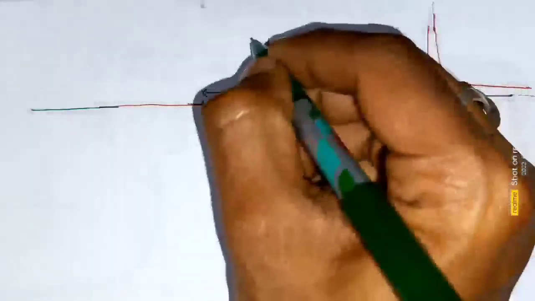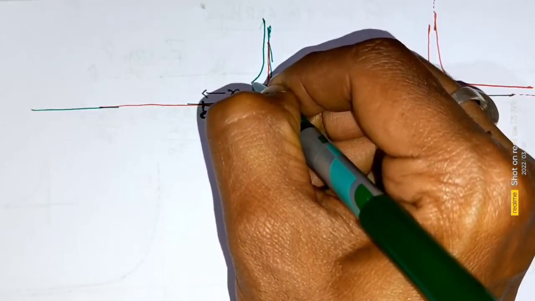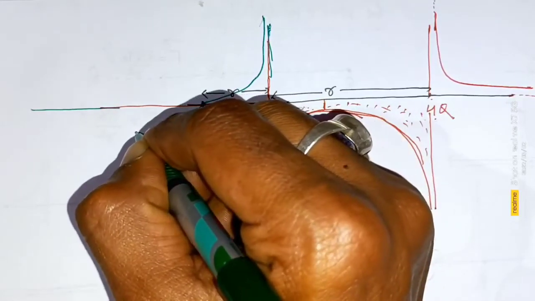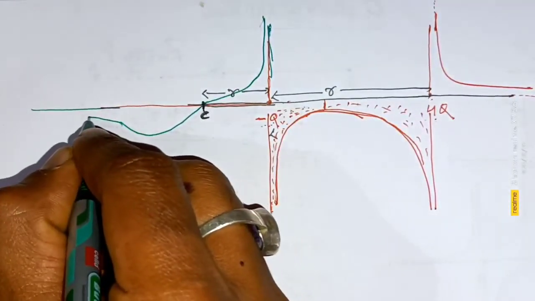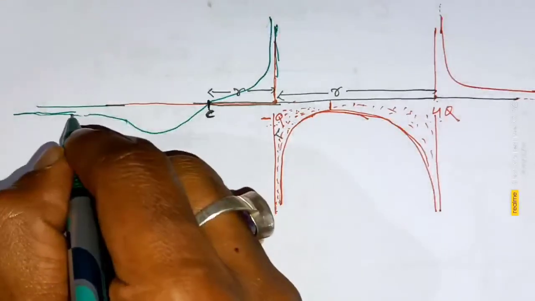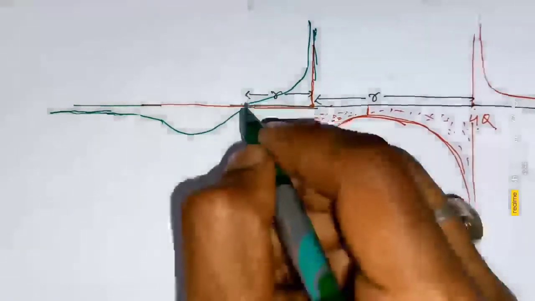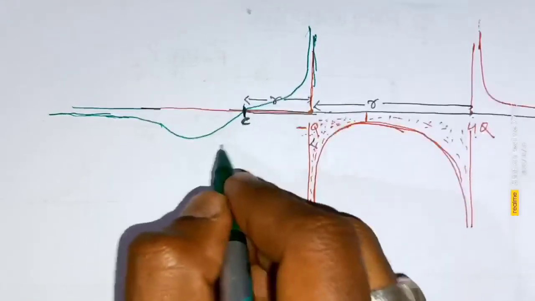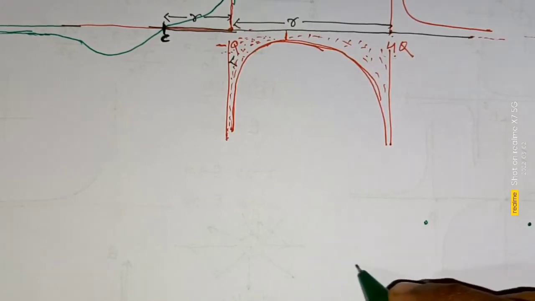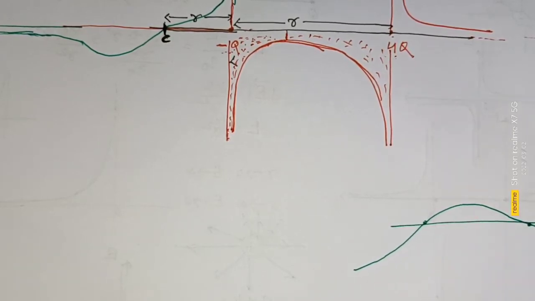It means the graph nature becomes like this: it goes like this and approaches 0 at infinity. Suppose two points have been given to you where the field is 0, definitely your graph will go like this and like this. So at these two points the field will be 0.